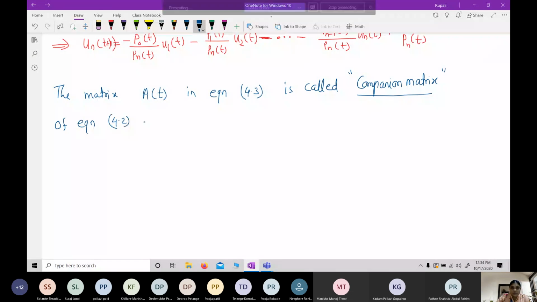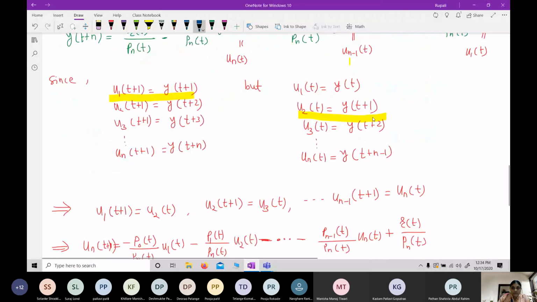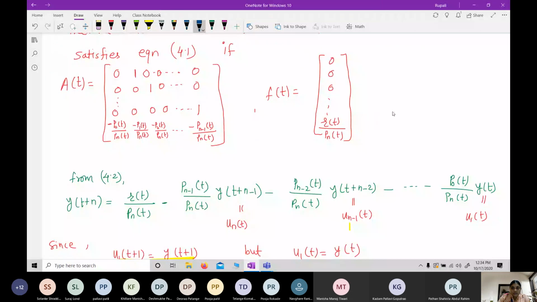What is my A of t? This one. This matrix A of t in equation 4.3 is called the companion matrix of equation 4.2.